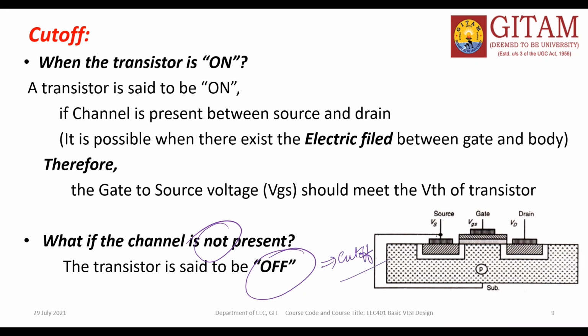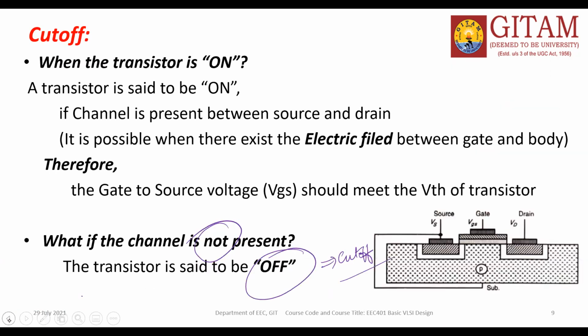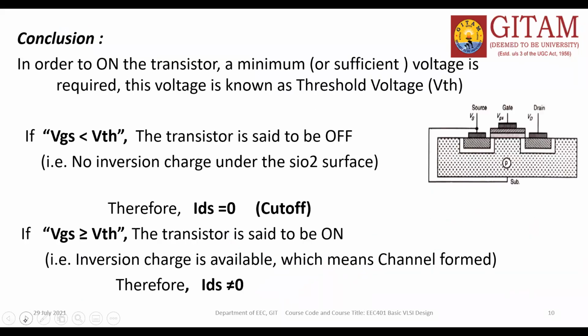Next, the transistor becomes on, which means a relationship must exist between the VDS and IDS values. So the very important conclusion we can draw here is that when the VGS value is less than the threshold voltage of a transistor, the transistor is said to be off. For the off transistor, the IDS value is equal to 0, which is the cutoff region.